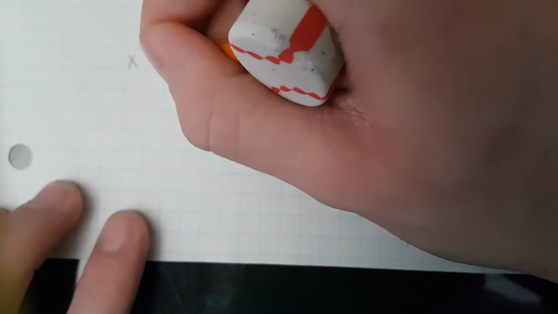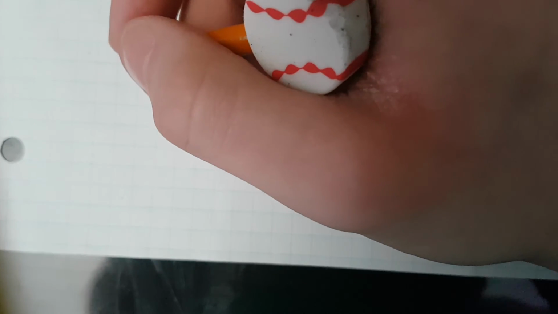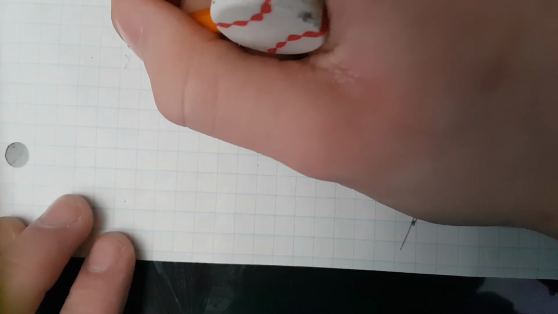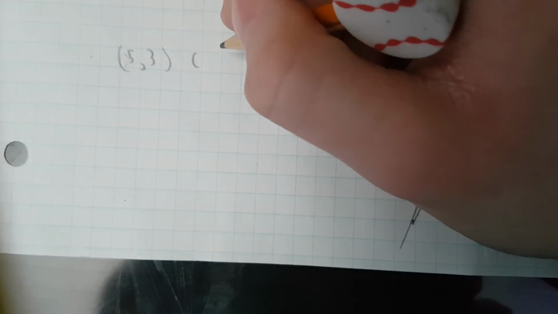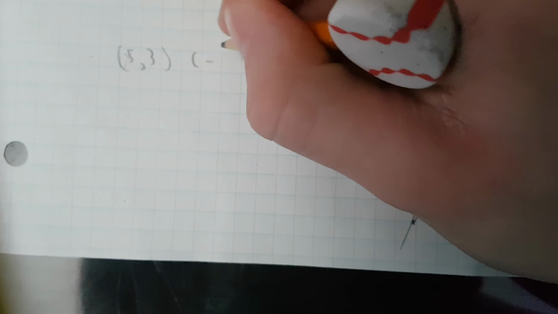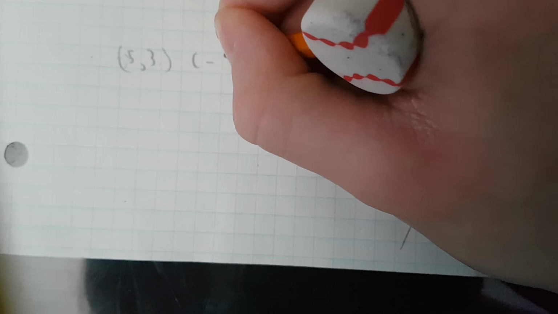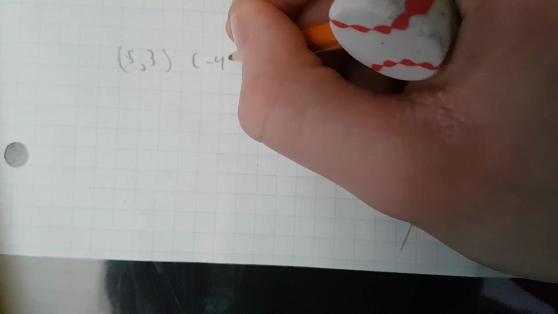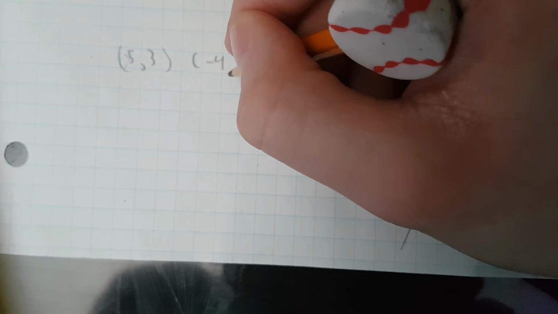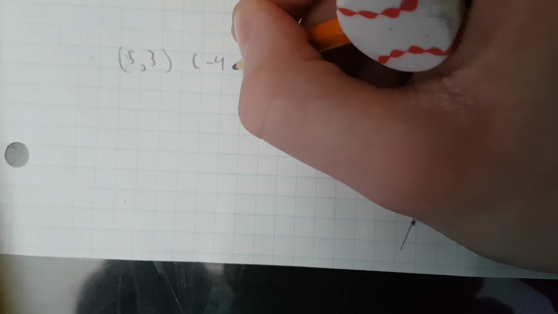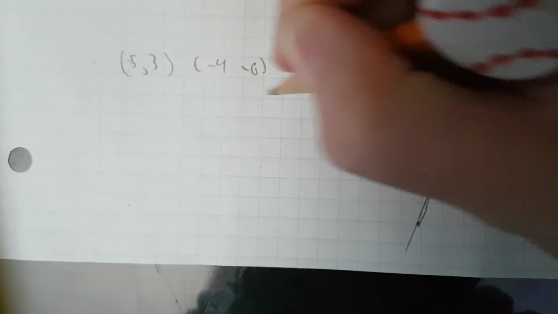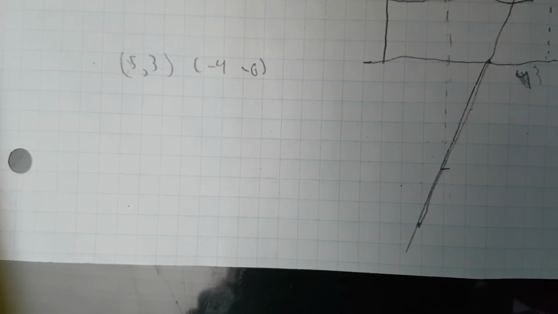So we take our coordinates, like... X can be, if there are two more x than y, so like 5 and 3, and the second coordinate can be like negative 4, and two more of y is two less of y, negative 6. I'm running out of time. Let me pause it and do the calculations quickly.